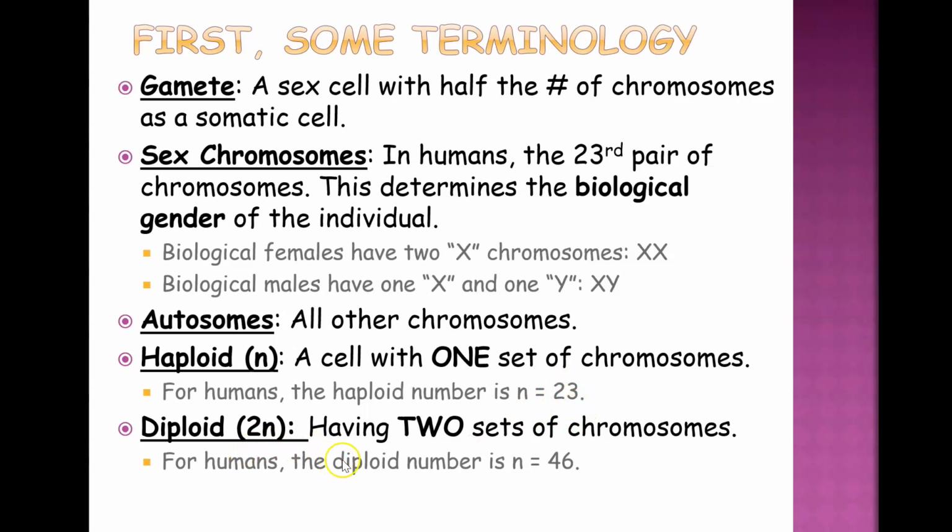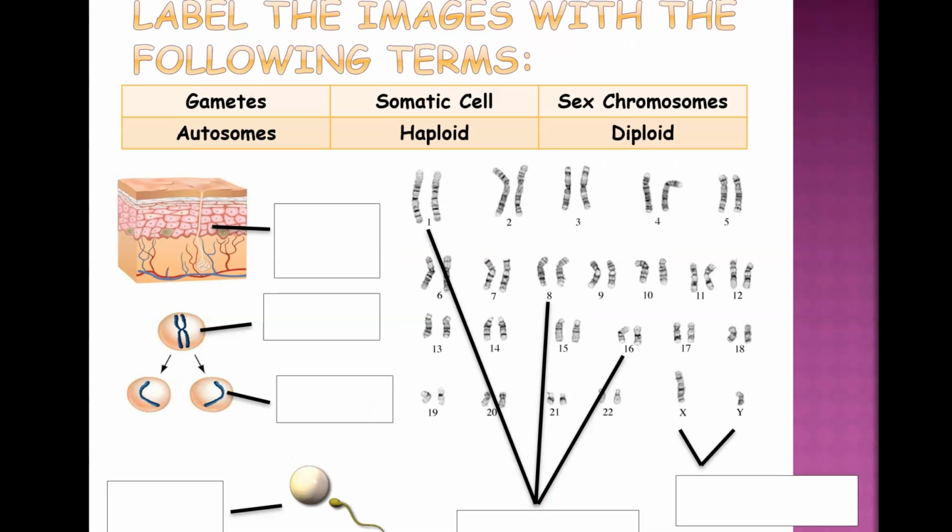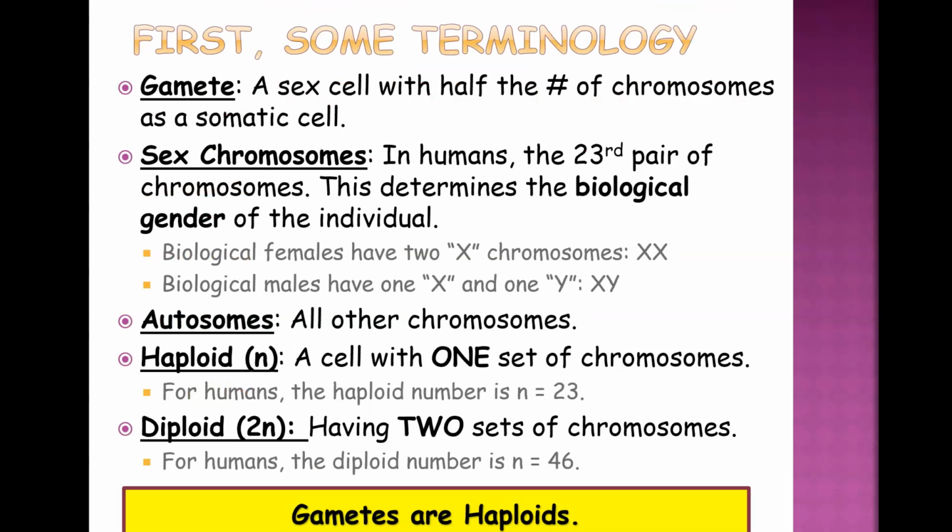Diploid, double the number of chromosomes, which is 46. Gametes are haploids, and somatic cells, which are regular body cells, are diploids. So gametes have half the number of chromosomes. Somatic cells have diploid, double the number of chromosomes.